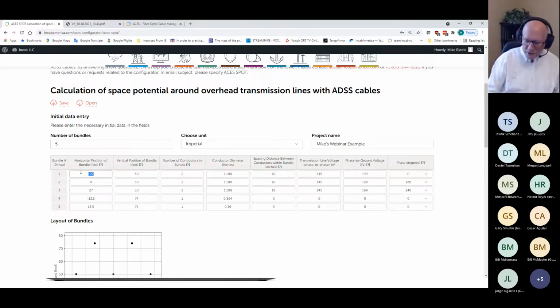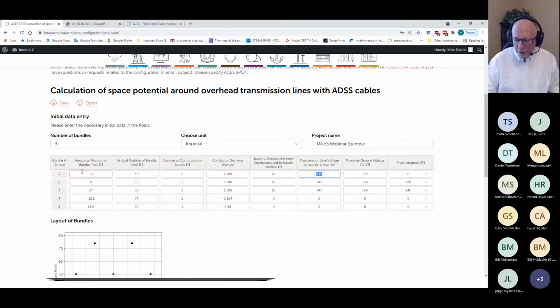I'd already put in the data, but I'll re-enter it anyway. So the Cartesian coordinates: my first conductor was at minus 27 feet relative to the center line and 50 feet vertically. I had 2 conductors. Those were Drake, so they're 1.108 inches in diameter. The spacing was 18 inches.